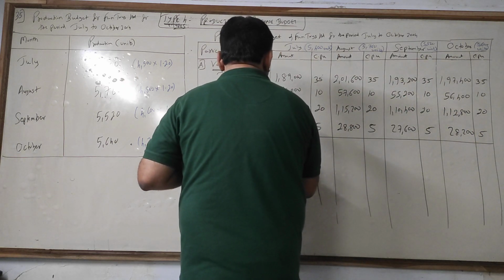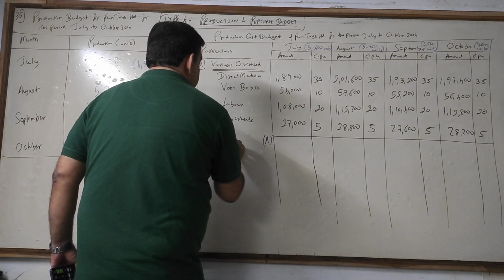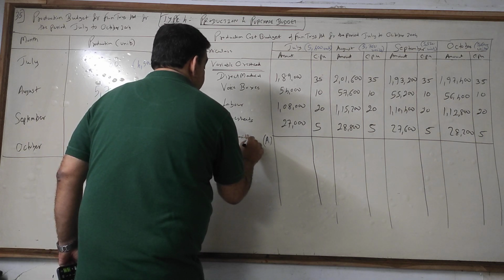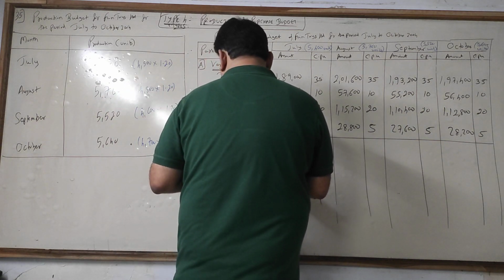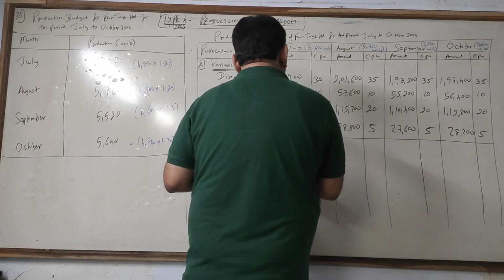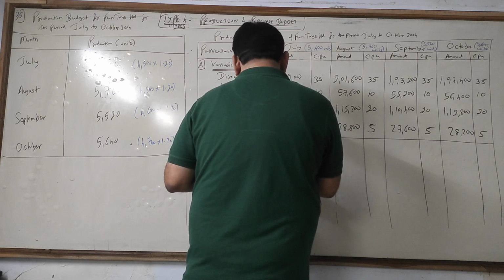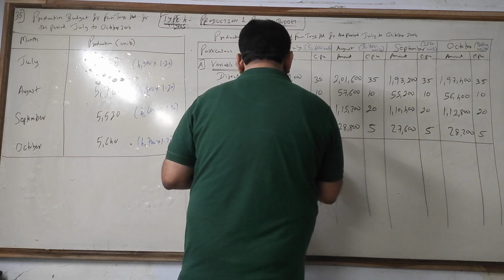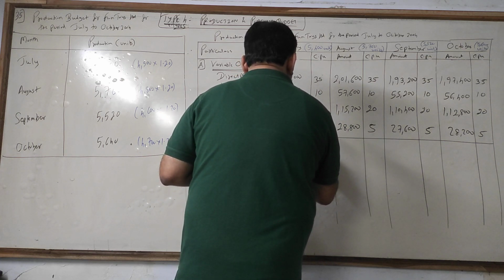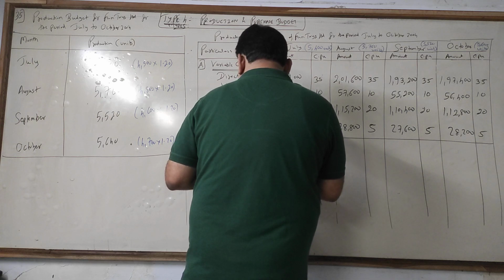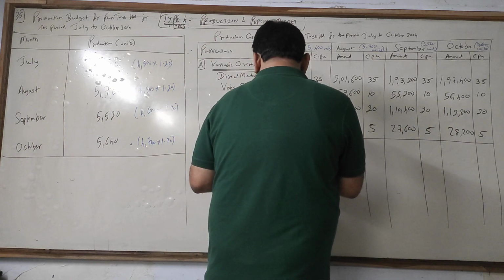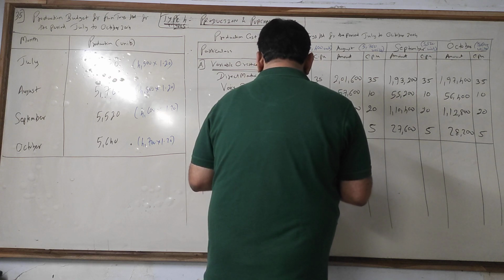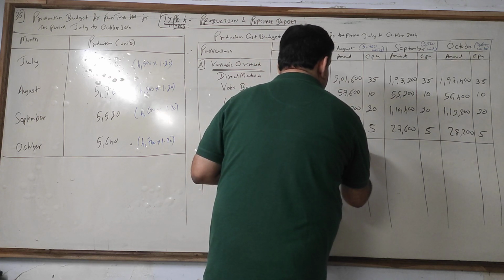Take the total of this. This will be A, what we did earlier also. That's our total variable cost. So 189 plus 54 plus 108 plus 27, that is 3,78,000. Cost per unit 70. As I mentioned, the second table of this sum is a revision of your flexible budget.